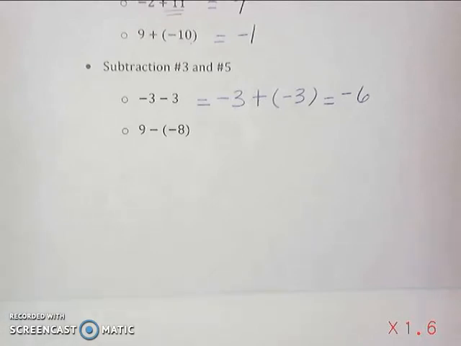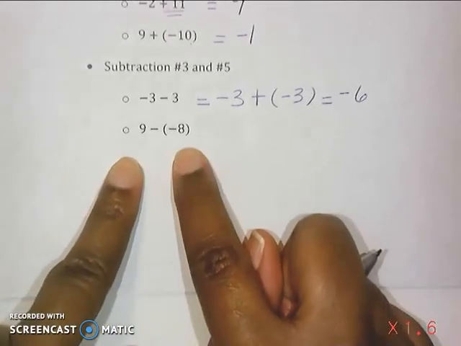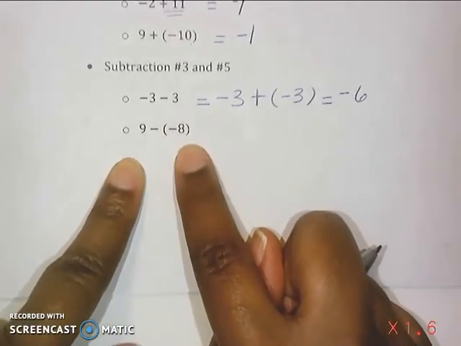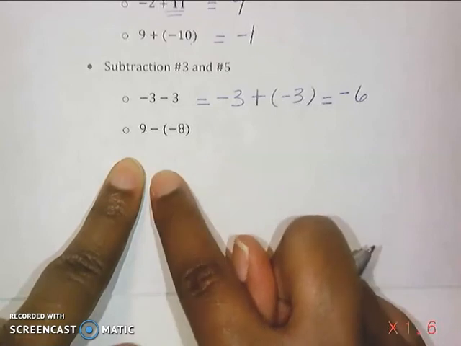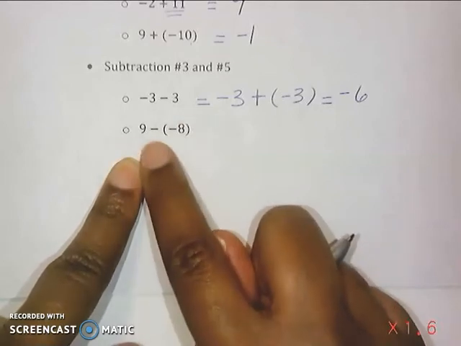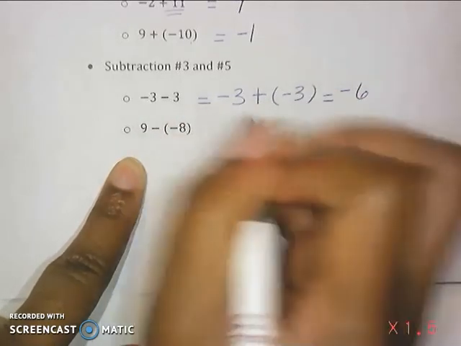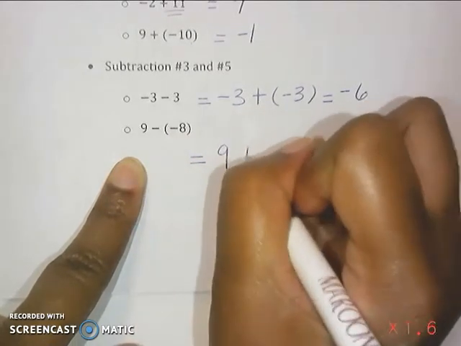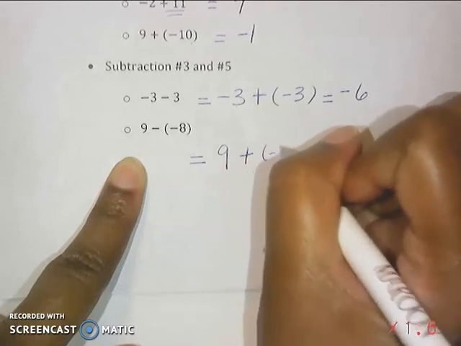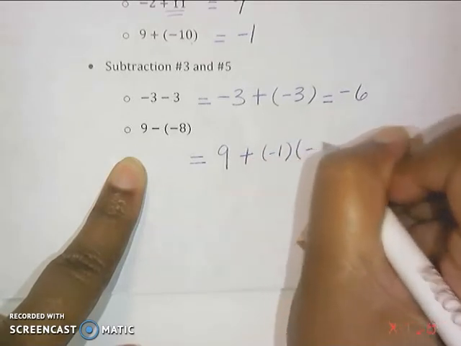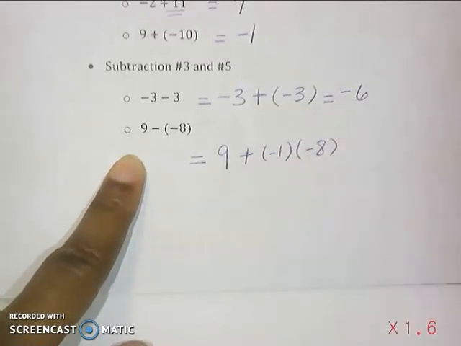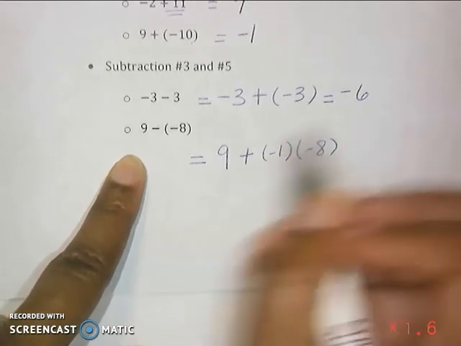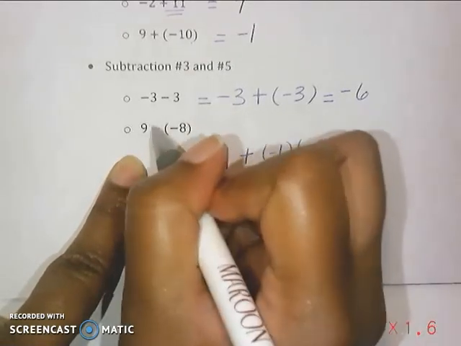Now, this was number 5 on that slide. It gave a few people problems. So what I'm going to do is a rewrite. If there is no such thing as subtraction, then I'm going to rewrite this. This one's going to look a little different: 9 plus a -1 times a negative 8. You may know that two negatives make a positive.